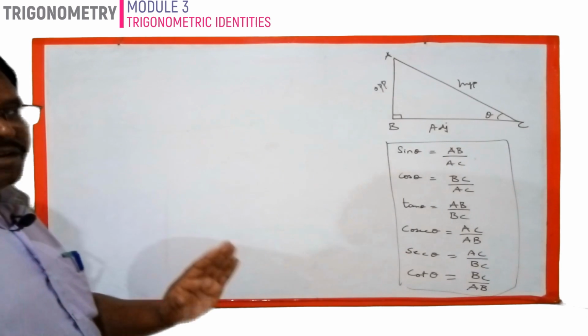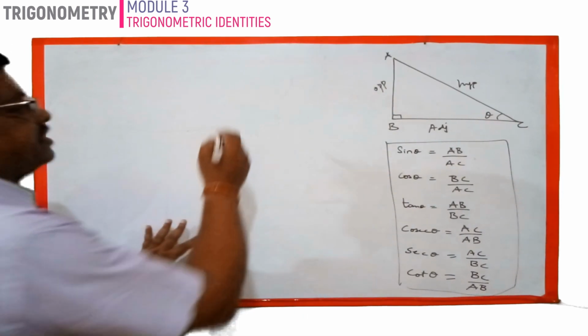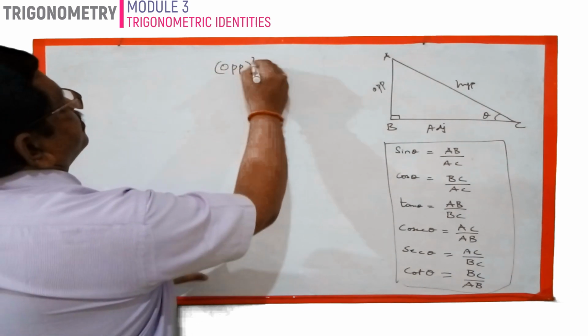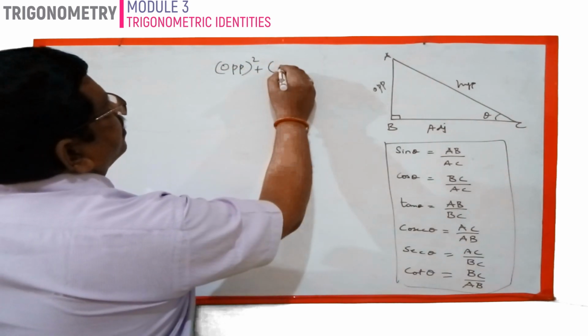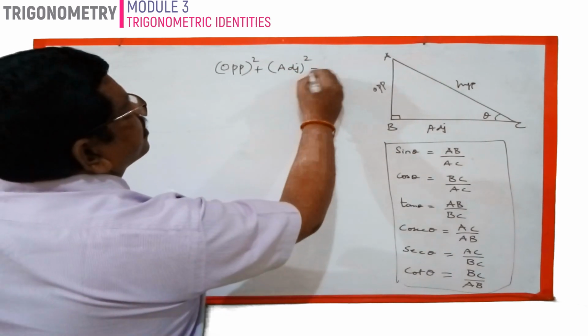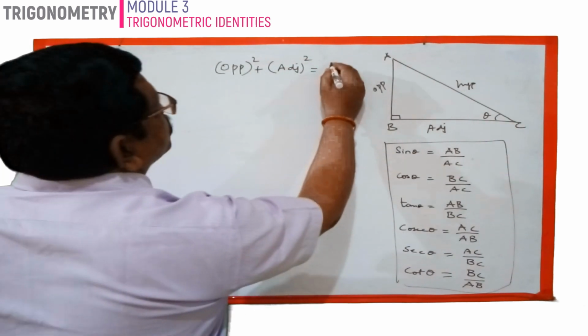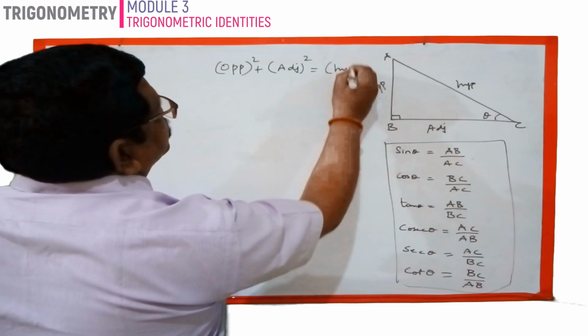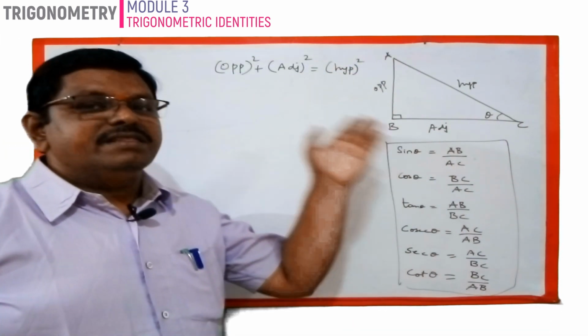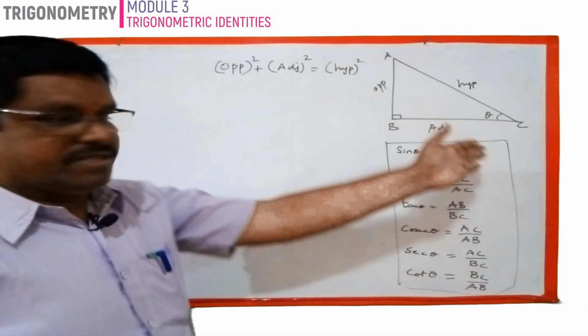According to Baudhayana's theorem or Pythagoras theorem, the sum of the squares of the opposite side and adjacent side will be equal to the square of the hypotenuse. That means the square of the hypotenuse is nothing but the sum of the squares of the other two sides.